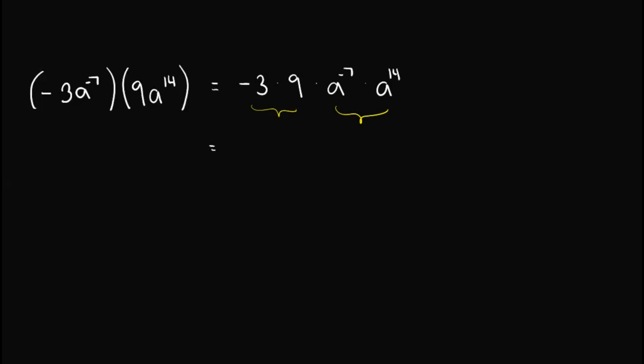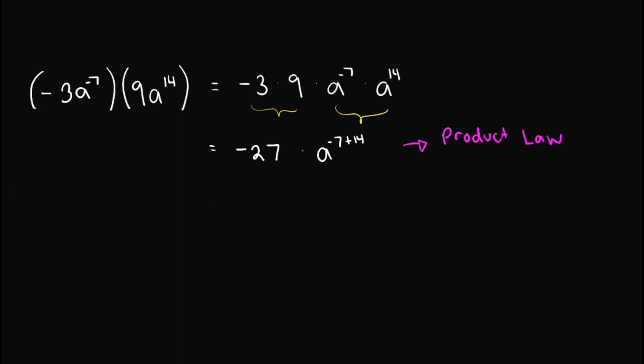So negative 3 times 9 would simply be negative 27. And for the variables part, we simply apply the product law. So this one would become a raised to negative 7 plus 14. So let's put that out here. Is the product law.